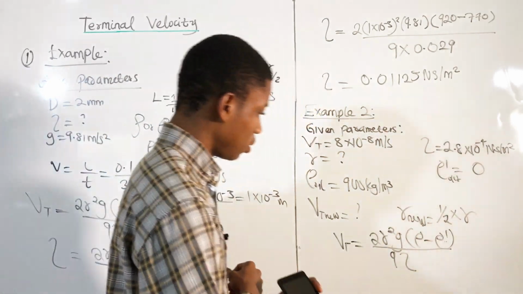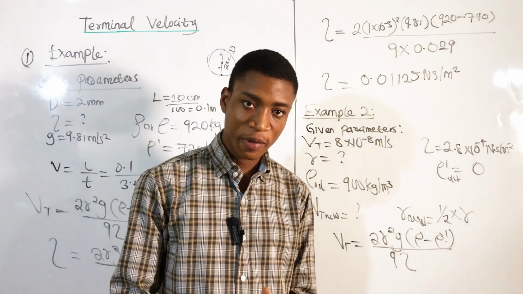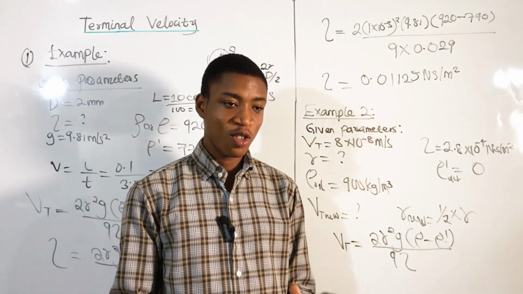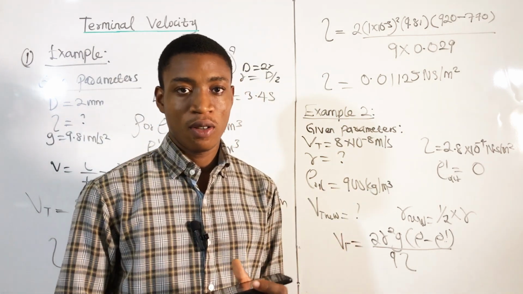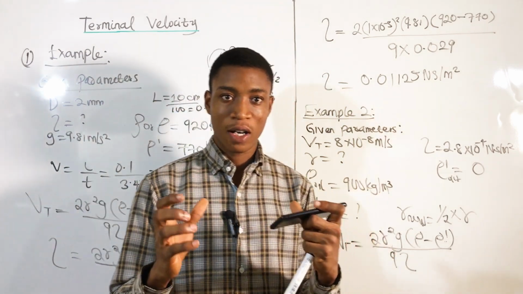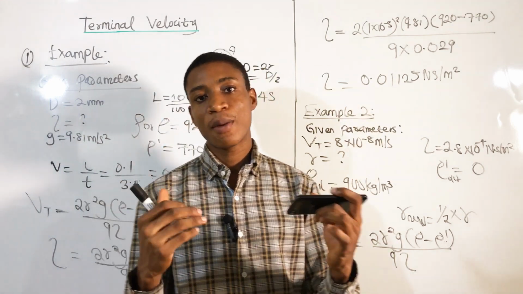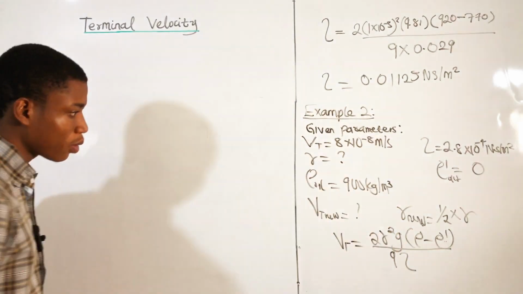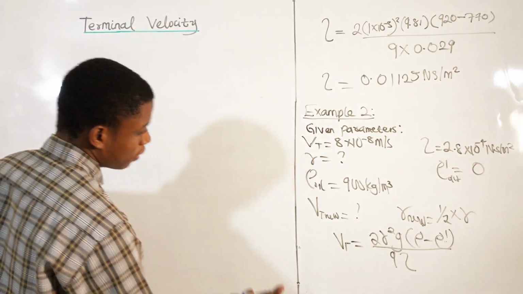So now let's calculate the radius, which means we have to make the radius the subject of the formula. Some of you don't understand the concept of subject of the formula. Please go and work on it, because it's a very important concept in engineering. Let me give you what subject of the formula is.